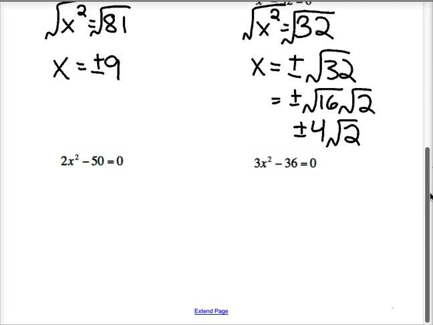Looking at this next one, same story. We have the x squared term and we have the constant term. So I need to add the constant term over. But in this case, I still have to get the x squared term by itself. So now I need to divide both sides by 2.